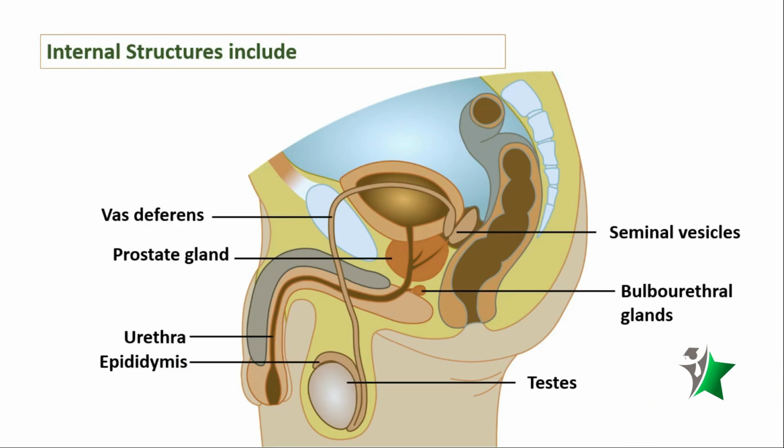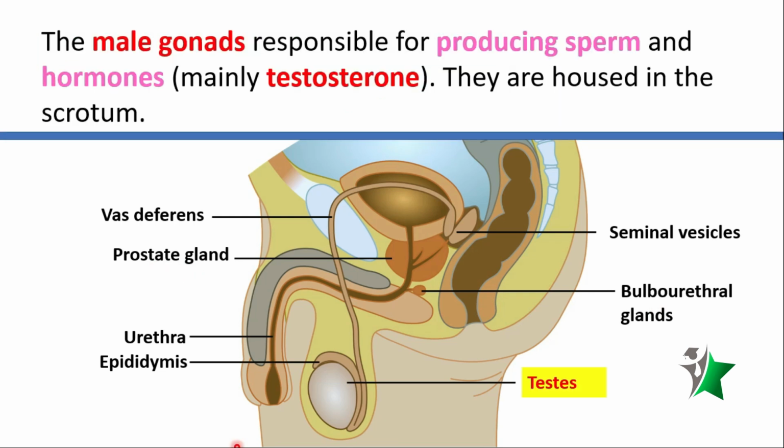Internal structures of the male reproductive system include the testes, epididymis, vas deferens, seminal vesicles, bulbourethral glands, and prostate gland. The testes, or the male gonads, are responsible for producing sperm and hormones, mainly testosterone.